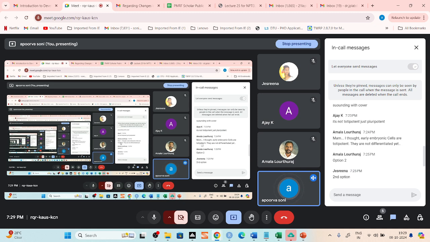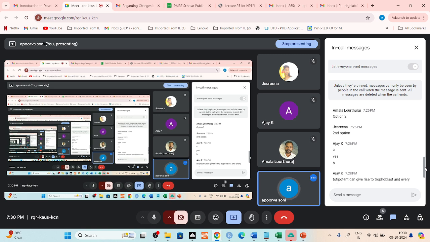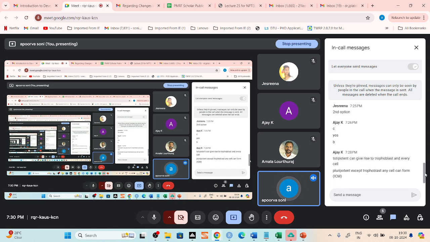Okay, I think this confusion is clear now. Now we'll come to this question's answer. So Amla has answered 2, and Jasrina has also answered 2. Ajay, totipotent can give rise to trophoblast. Yes, so see, you have written that totipotent can give rise to trophoblast and every cell, pluripotent except trophoblast.